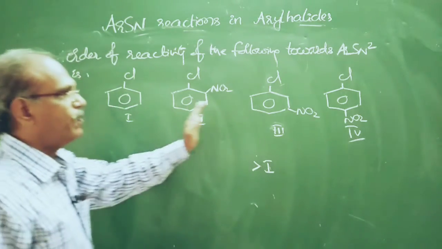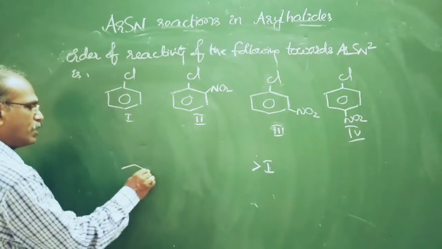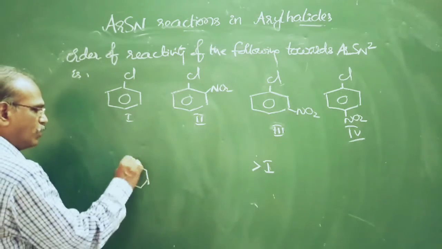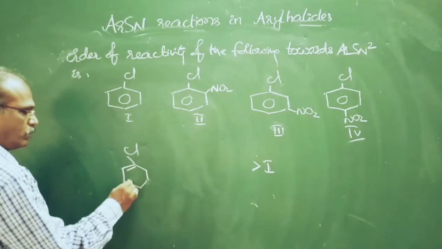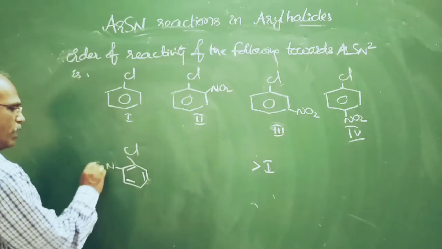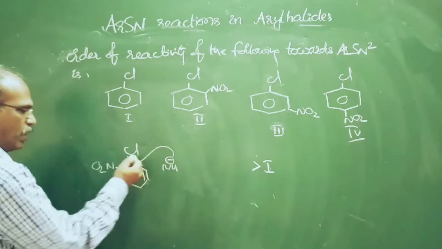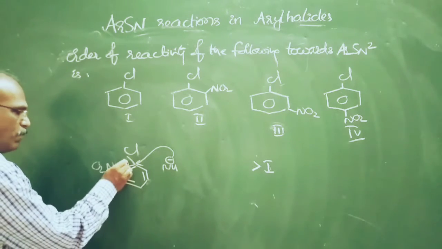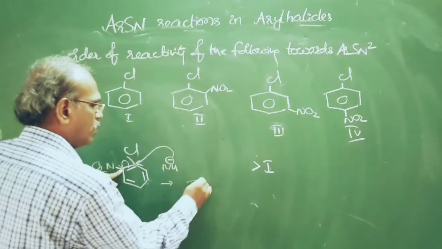Next, let's compare these three. See, try to recollect what's happening during the reaction. Nucleophile attacks on the carbon bearing halogen. So simultaneously these electrons move on to the orthocarbon.